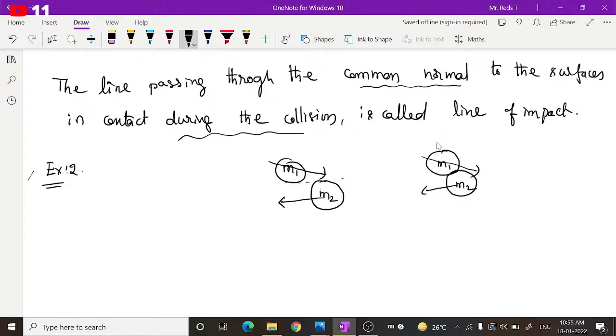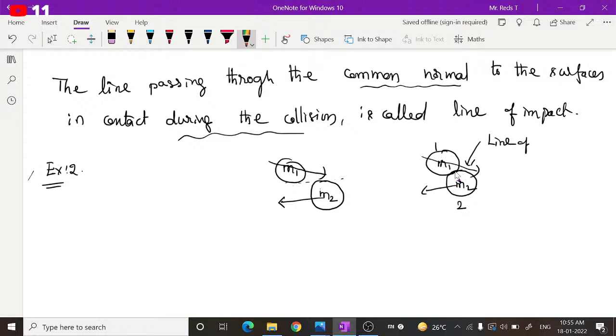This is the center of the first one and this is the center of the other, so a line passing through the centers is the line of motion.